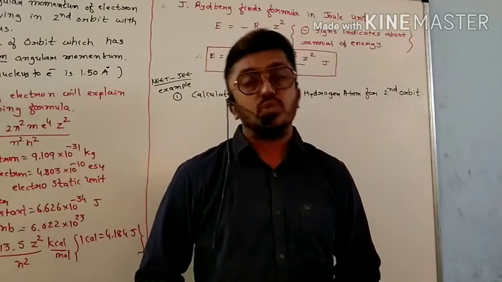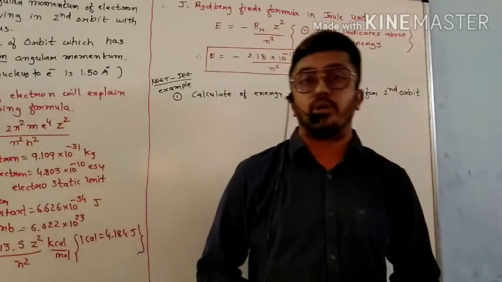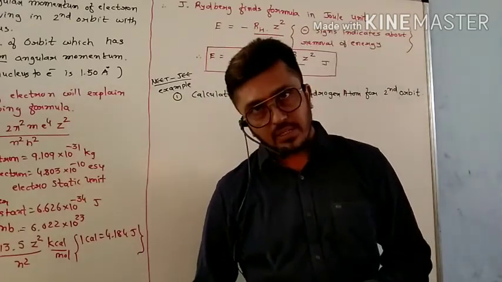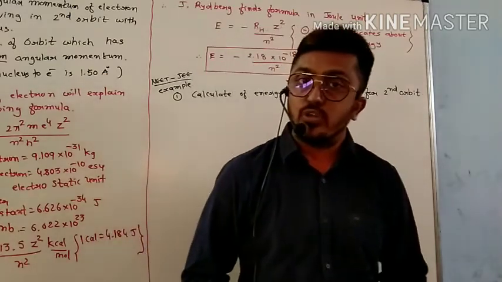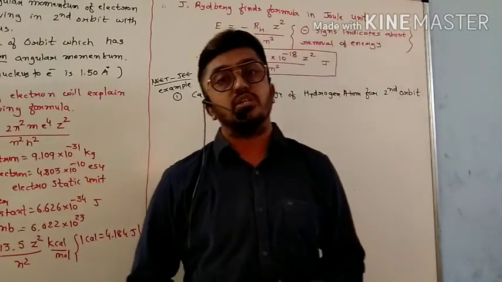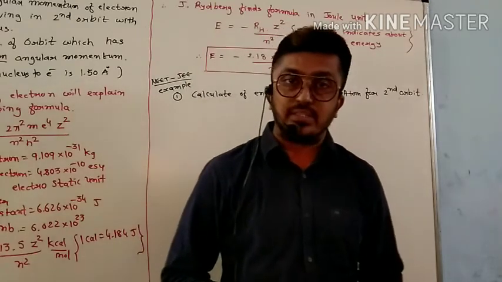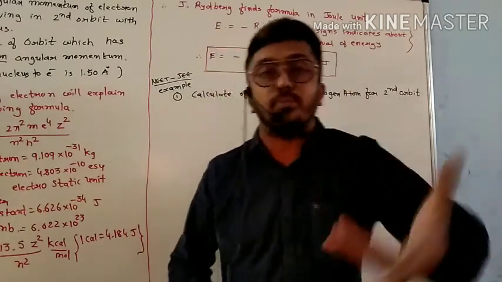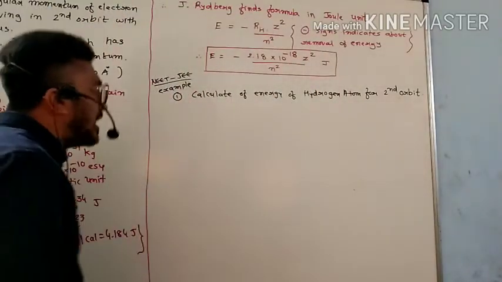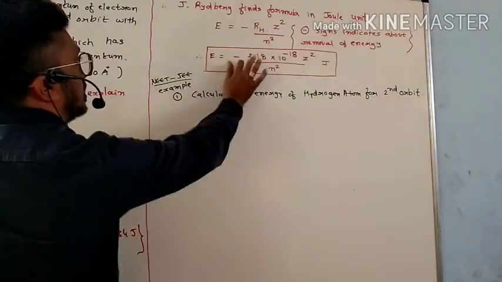For energy in joule per mole with wavelength, we use E is equal to nhc by lambda. With frequency, we use E is equal to nh nu. And if we want to calculate the energy of any orbit, we will use this formula.